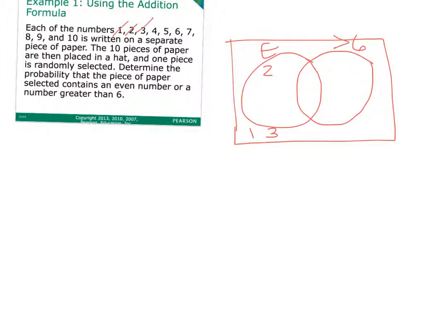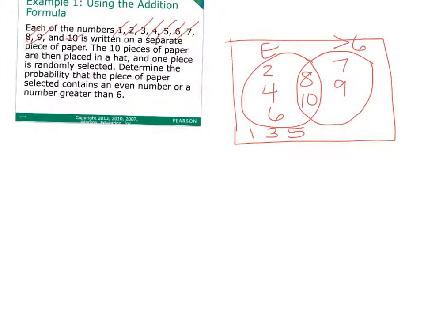The number 4 is even, but not bigger than 6. 5 is odd and not bigger than 6. 6 is even and not bigger than 6. 7 is odd and bigger than 6. 8 is even and bigger than 6. 9 is odd but not bigger than 6. 10 is even and bigger than 6.